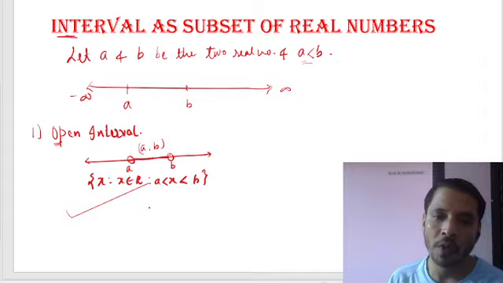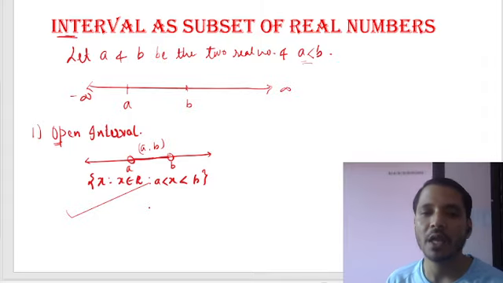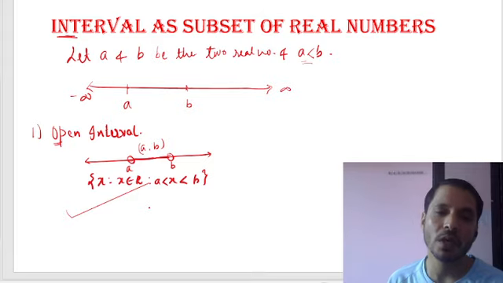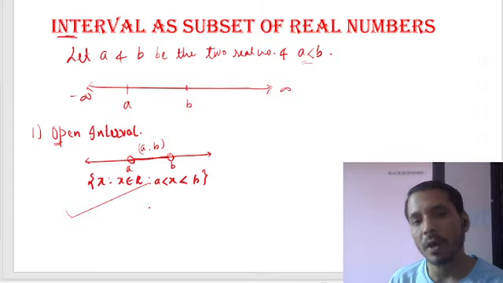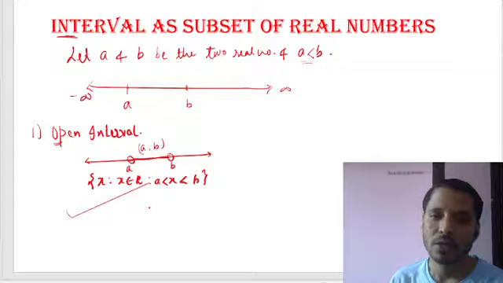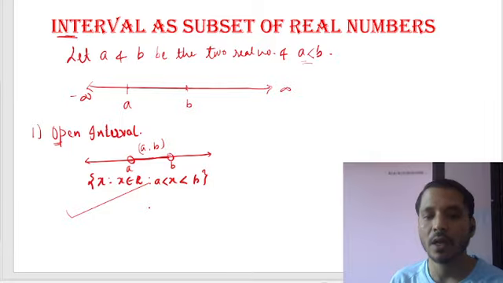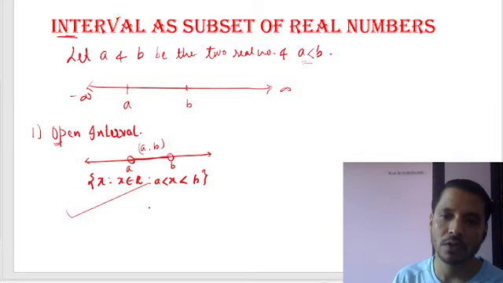Why? Because it is an open interval. The points A and B are not included. Only the numbers between A and B are part of this open interval. So this is one of the subsets of the real numbers.